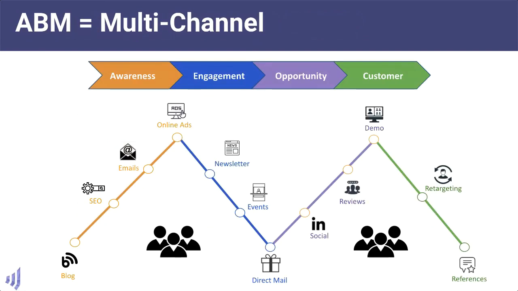So account-based marketing typically means multi-channel. So you don't do account-based marketing just by sending emails or just by doing some ads, right? Account-based marketing means you have that audience, you have that list of target accounts, you know who they are. Now you want to engage them in as many channels as possible at the same time with a cohesive message. So they should see your message when they go on Google. They should see your message when they go to events, when they read their newsletter.